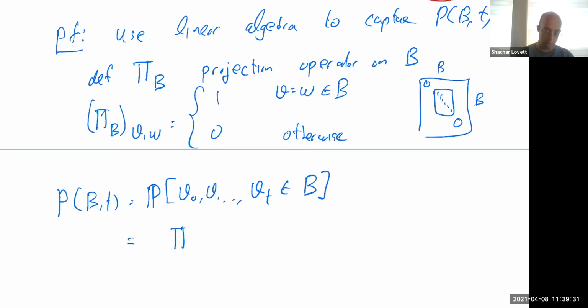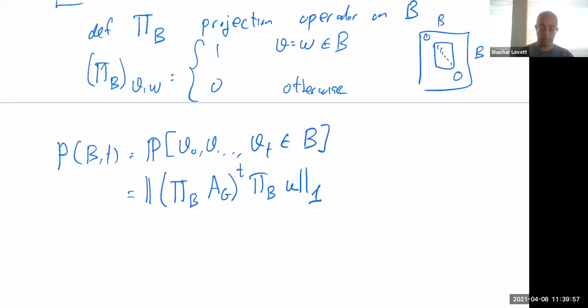So I take pi b, A, to the power t, pi b, times the all-ones vector. For now, maybe it's not clear why it's this quantity, but I'll explain it in a minute. I just want to show you that there is a way of using linear algebra to capture exactly what we're trying to capture. So now let's see why.